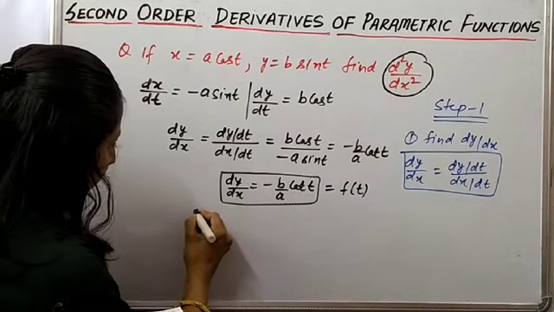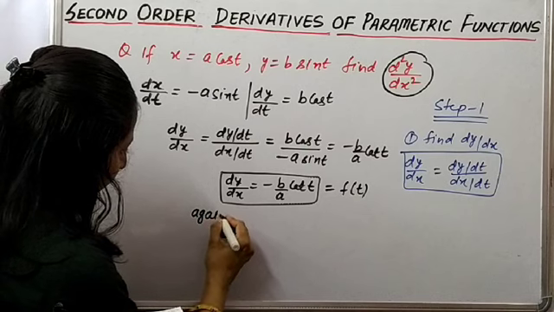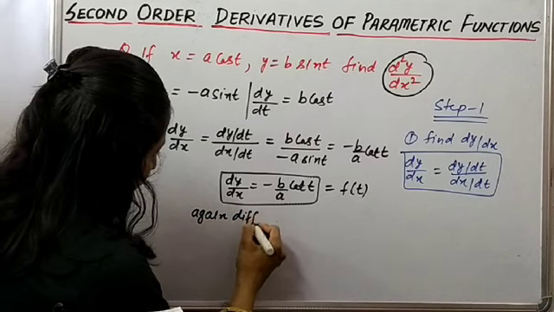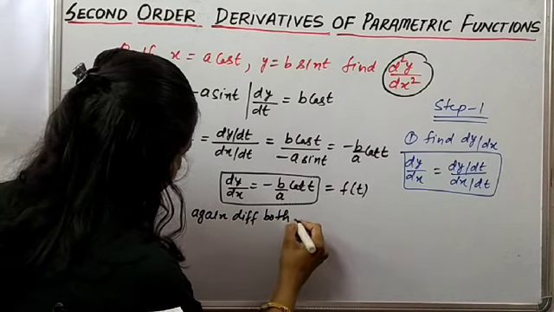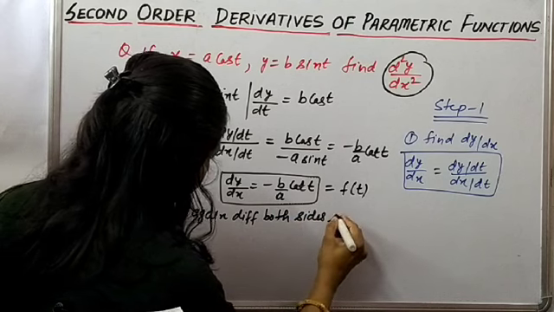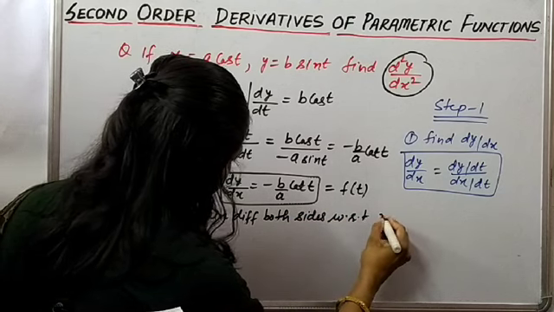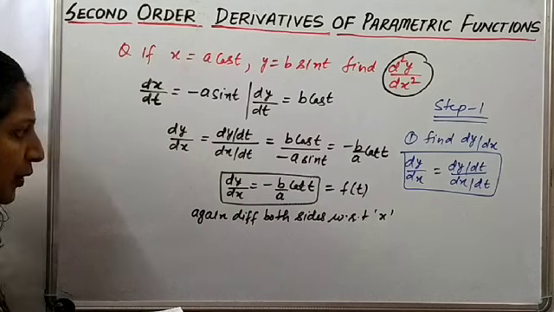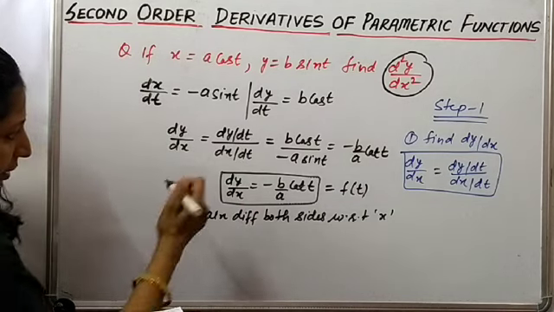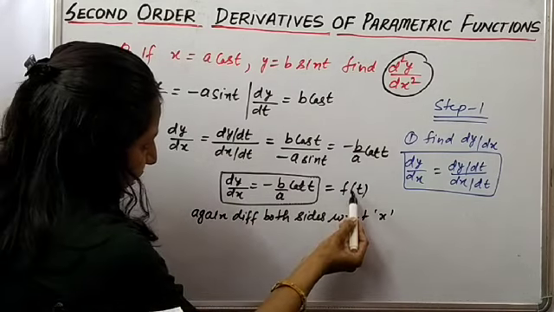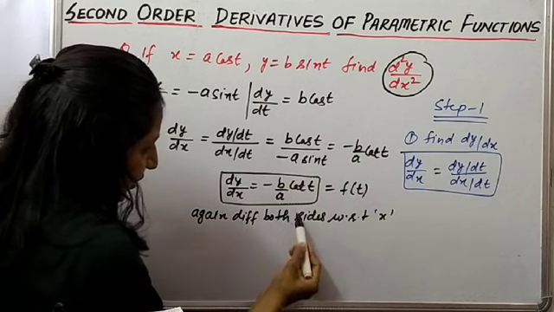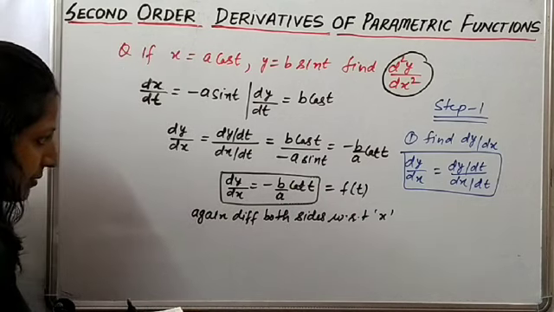So write down here again, differentiate both sides with respect to x. Here dy by dx is a function of t, but we have to differentiate both sides with respect to x.